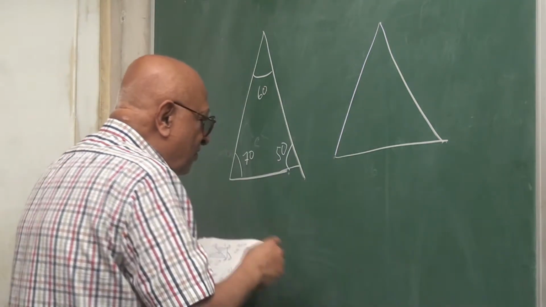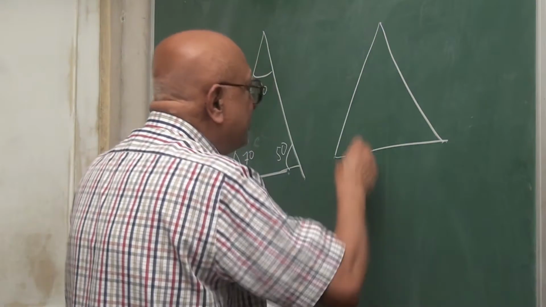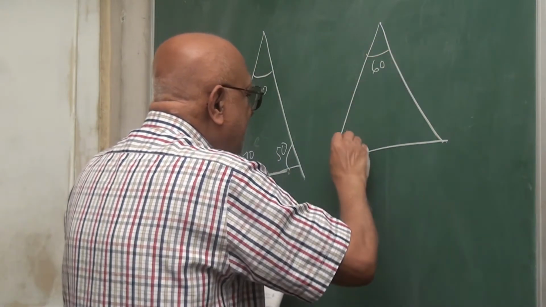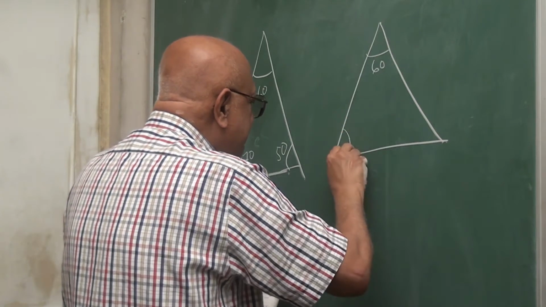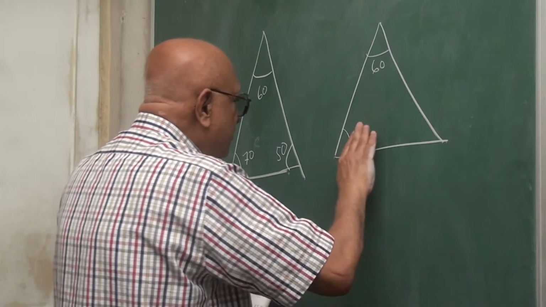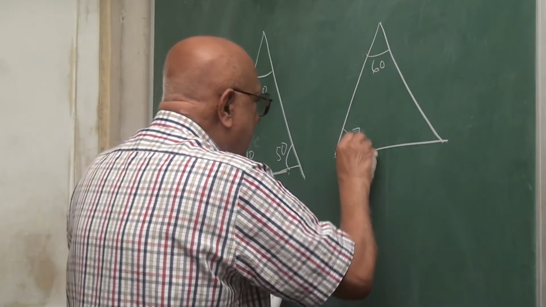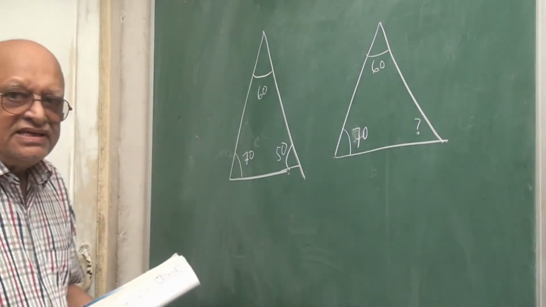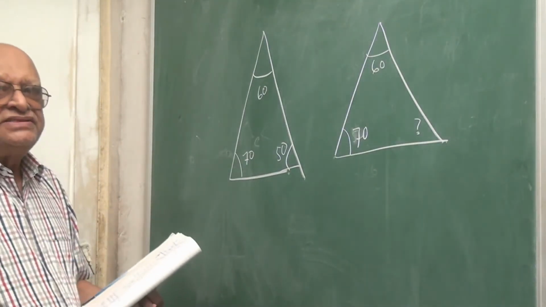Here only two are given. Say for example, here 60 is given and here 50 is given. Here also 70 is given and this angle is not given. So they are asking, can you say whether these two are similar?